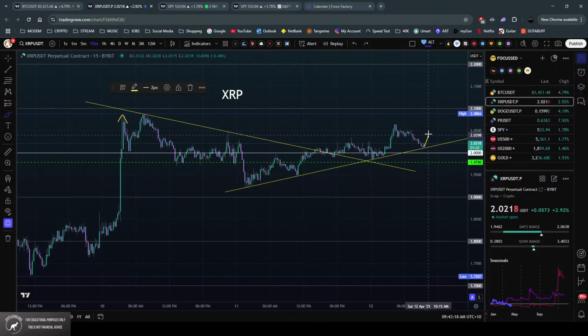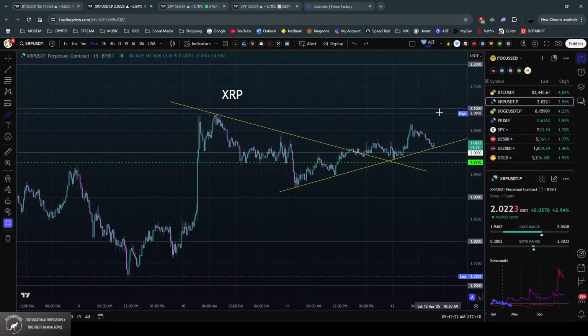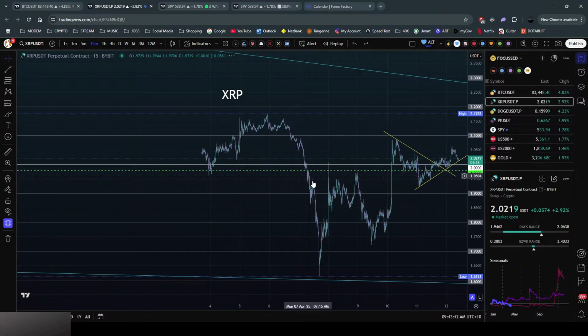I think if we manage to rally up to that soon, there's probably going to be some kind of reaction at it, or at least a slowing of the progress, and then maybe break up through, but we'll see. If we get to that level, it's going to be a breakout or a breakdown, back down, like a reaction. But yeah, XRP's looking all right.